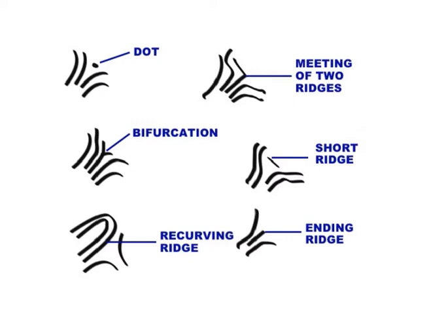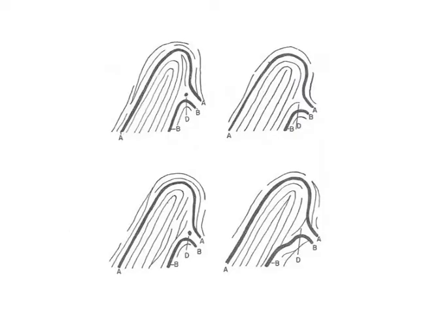The delta may be a bifurcation, an abrupt ridge ending, a dot, a short ridge, a meeting of two ridges, or a point on the first recurving ridge located nearest to the center and in front of the divergence of the type lines. While locating delta, the examiner has to be careful in fixing the type lines and determining the point of divergence of two type lines.